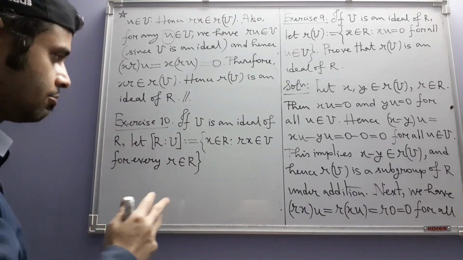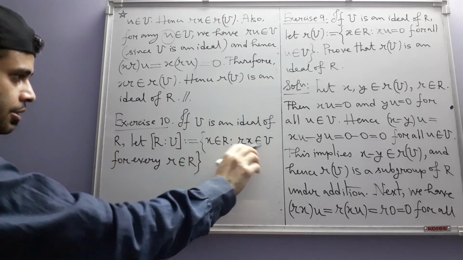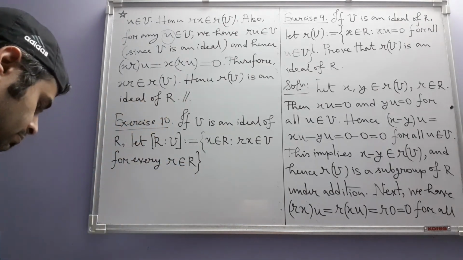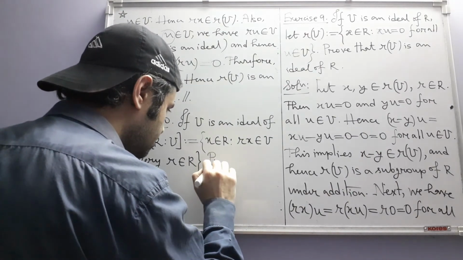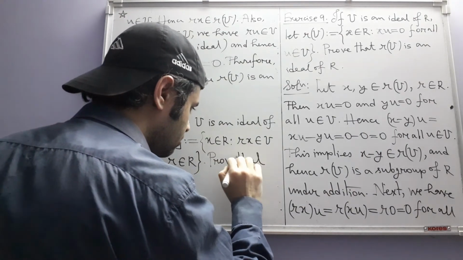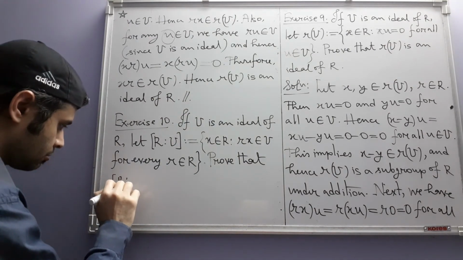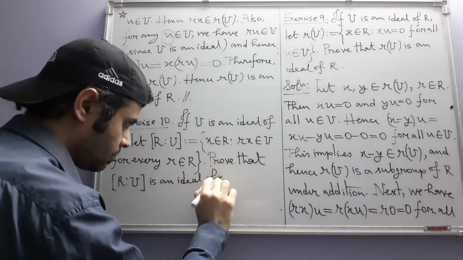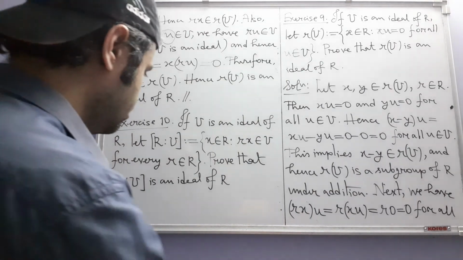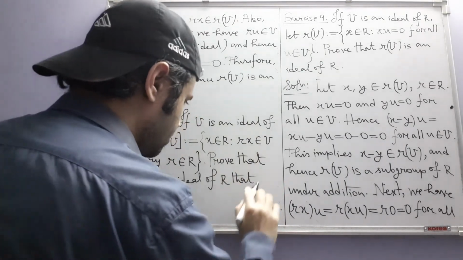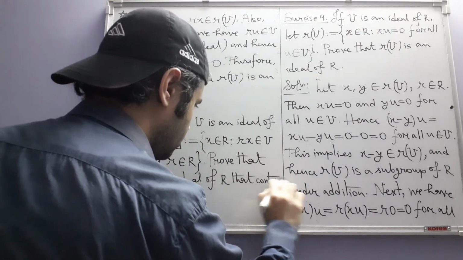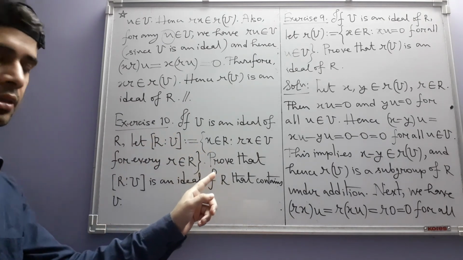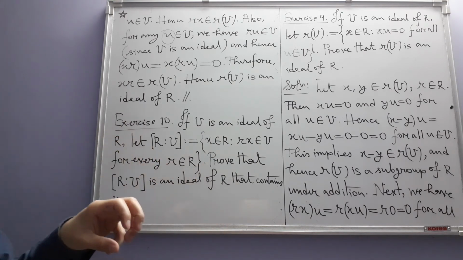Now rx is not equal to 0, but rx belongs to this ideal U for every r belonging to R. Prove that this is an ideal of R containing U. Here not only do we have to show that this is an ideal, but we also have to show that this ideal contains U as a subset.